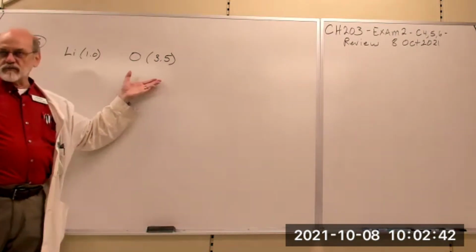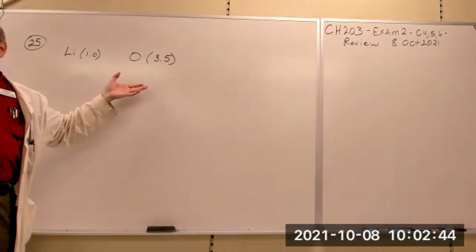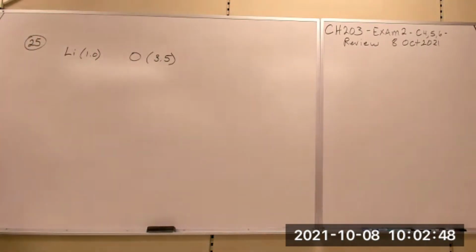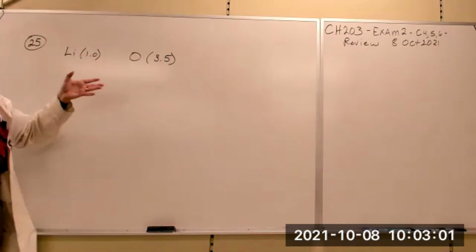And the one we use most often is the one invented by Linus Pauling. So the highest electronegativity on the periodic table is fluorine. It has the strongest pull in any kind of bond. It has to be in a bond in order to determine electronegativity.